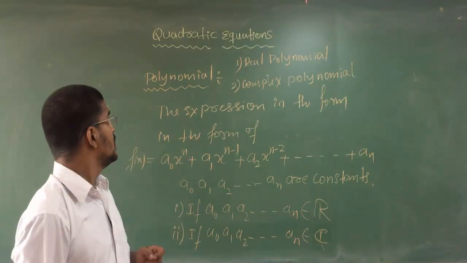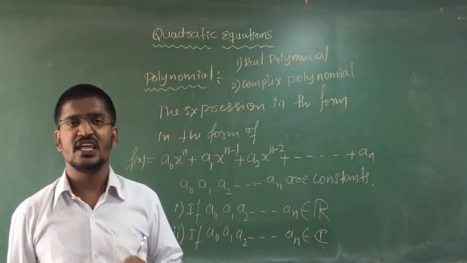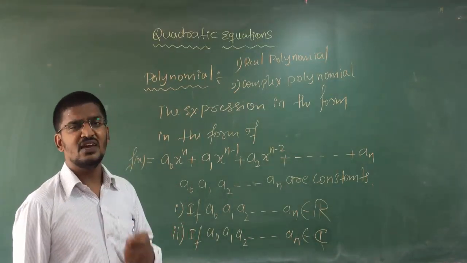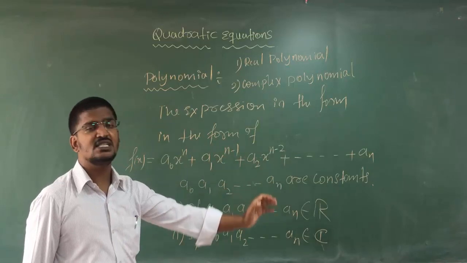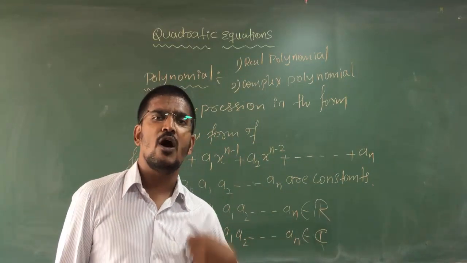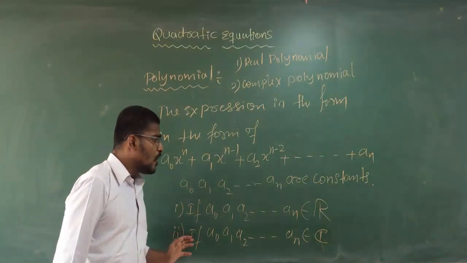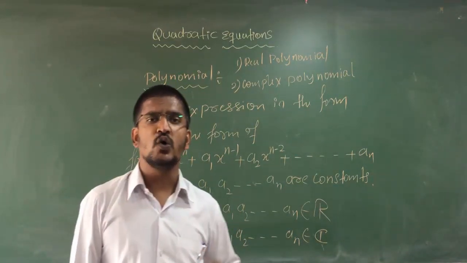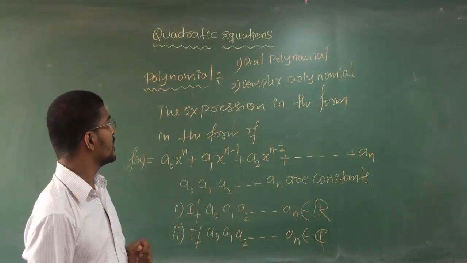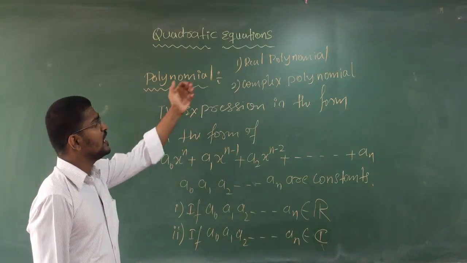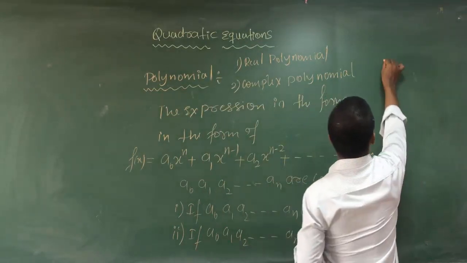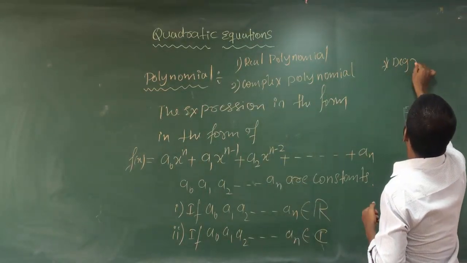I think now you are getting what I am explaining here. It is a real polynomial if and only if all the constants belong to the real number set. It is a complex polynomial if all the constants belong to C, the complex number set. Clear? After knowing the real and complex polynomial, you must also know the degree of the polynomial.